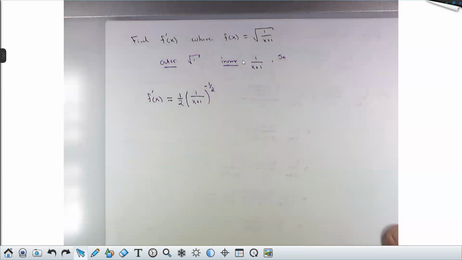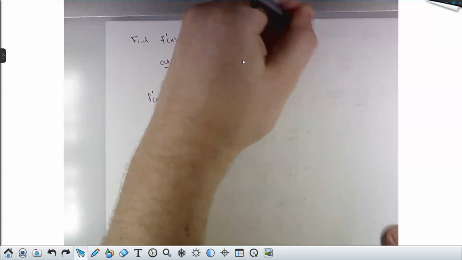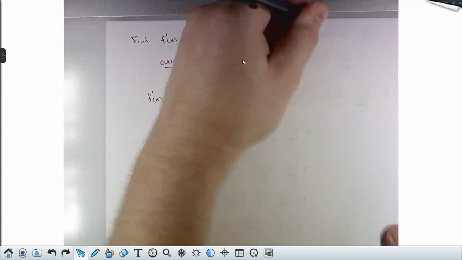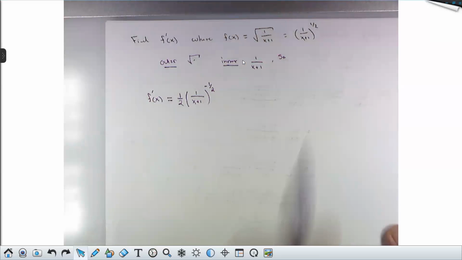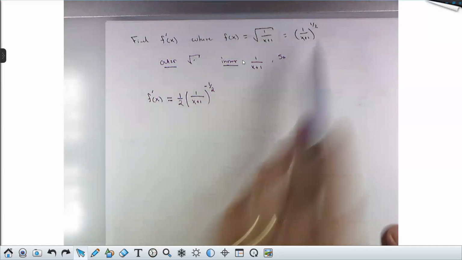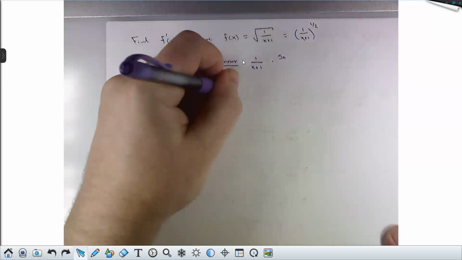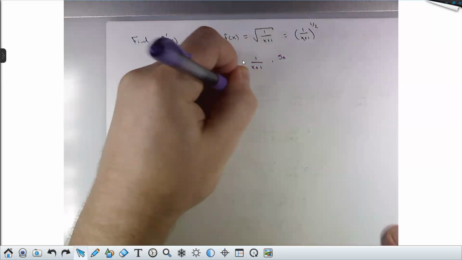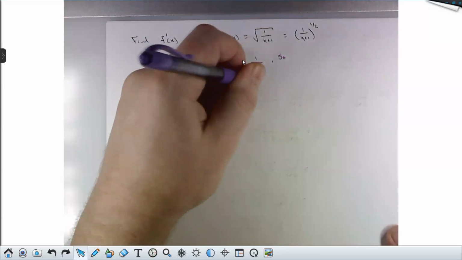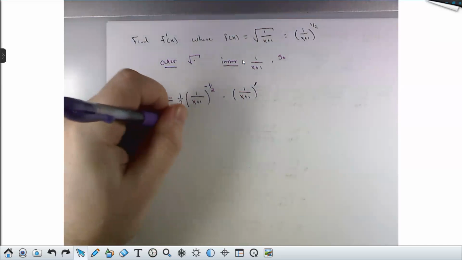This is 1 over x plus 1 all to the 1/2. So when you differentiate that outer function using the power rule, you bring the 1/2 down, and then you subtract 1 from that power. And we leave the inside alone during that process. And then we need to multiply by the derivative of 1 over x plus 1. And that derivative is something we would probably do with the quotient rule.